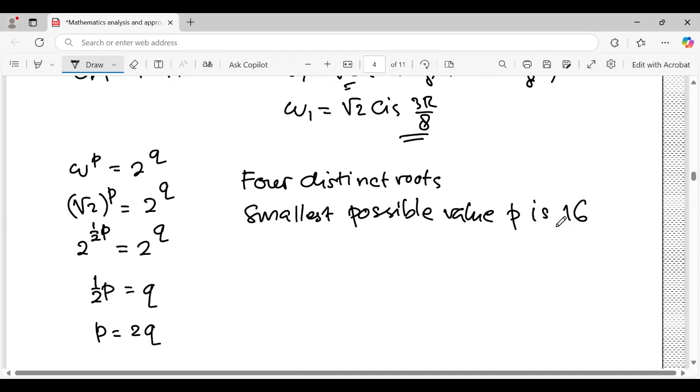If p is 16, we can determine q: q equals half of p, half of 16, so q equals 8. So p equals 16 and q equals 8.